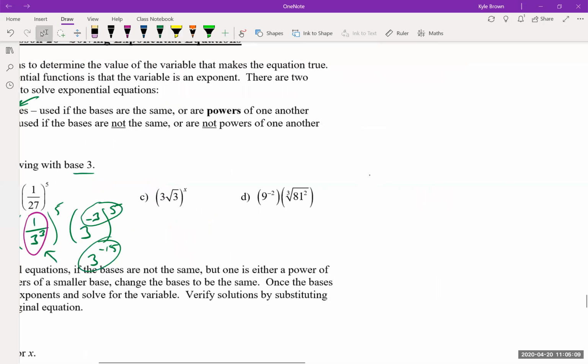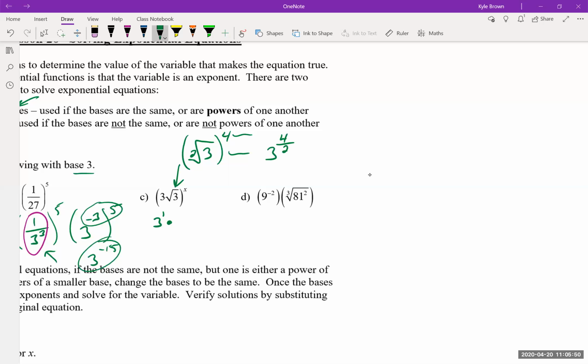All right, next one. We've got 3 times root 3, all to the x. Let's write the 3 as 3 to the power of 1 for a second. So this is 3 to the power of 1 times root 3. A little bit of review here: if I have root 3 to the power of, say, 4, I could rewrite that whole thing as 3 to the power of 4 over 2, where the top number is the exponent and the bottom number is the root.